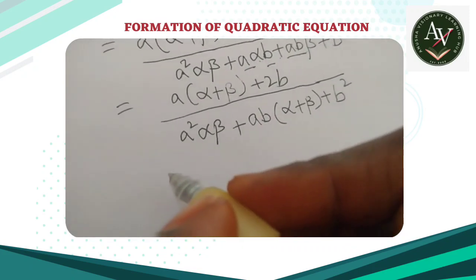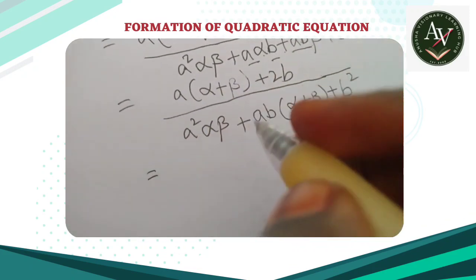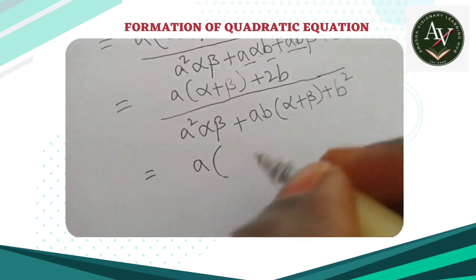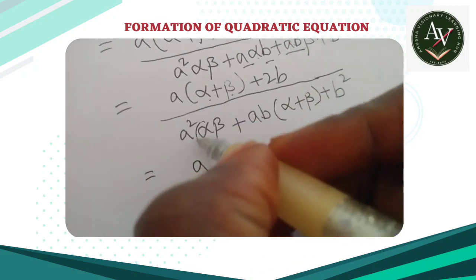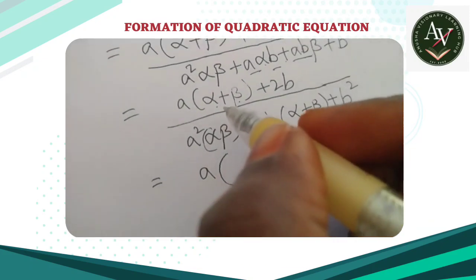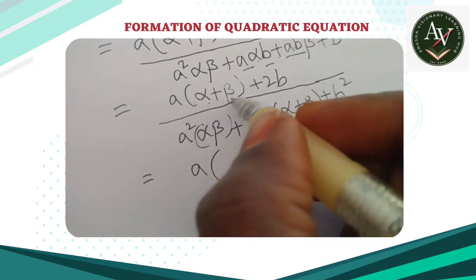Are you understanding? Yes. Now we know the values of alpha plus beta and alpha beta, right? Now substitute all those. Alpha plus beta is equal to what?